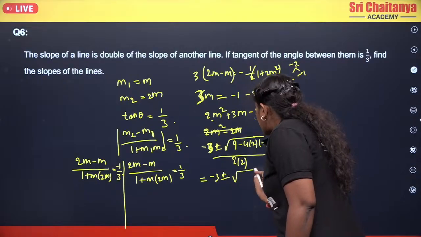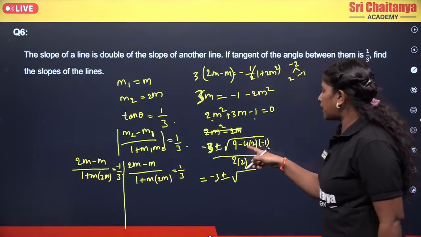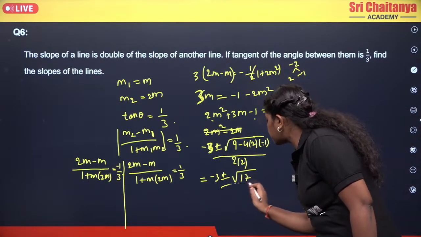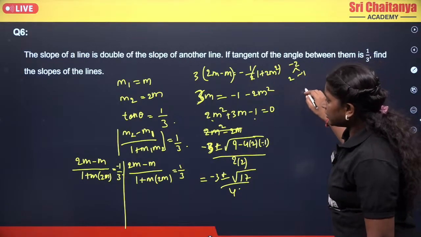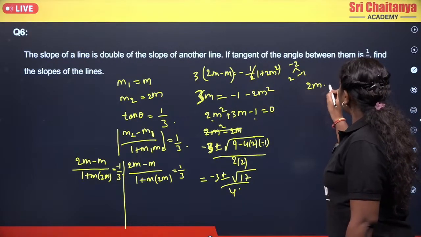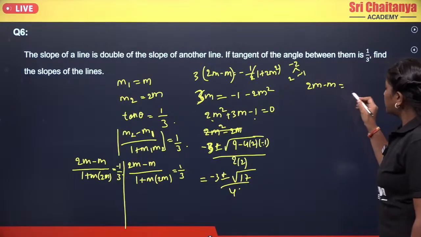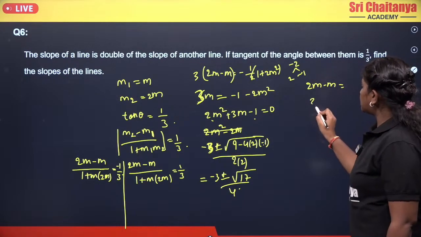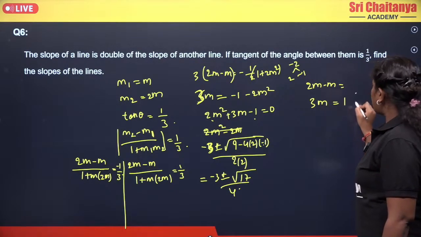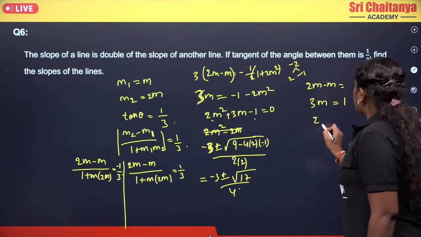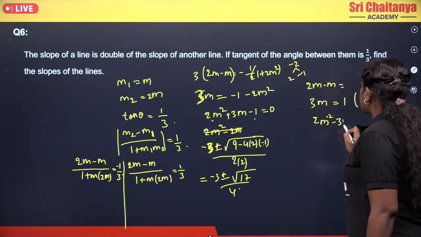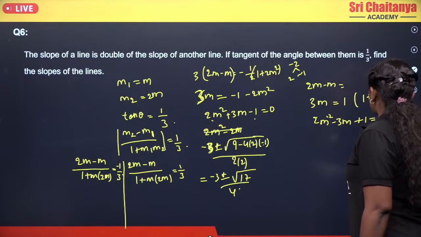Plus or minus root of 17, by 4. Now coming to the next, we will have 2m minus m, so 3m equals 1 into (1 plus 2m square). So that becomes 2m square minus 3m plus 1 equals 0.